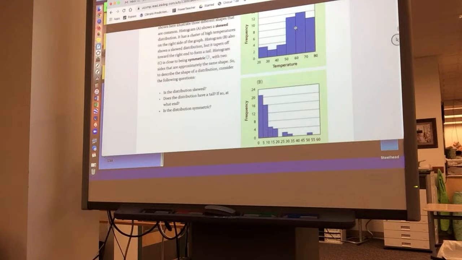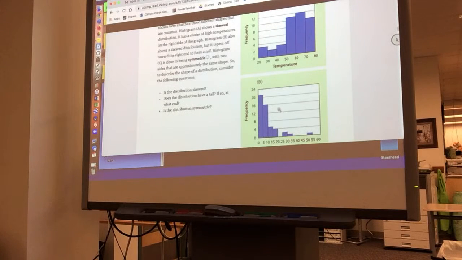It's kind of evenly distributed, and then there's just a few down here. So it's either a higher frequency, or it's a really low frequency of cold. It seems like this graph is showing that the data is skewed to the right, or skewed towards higher temperatures.